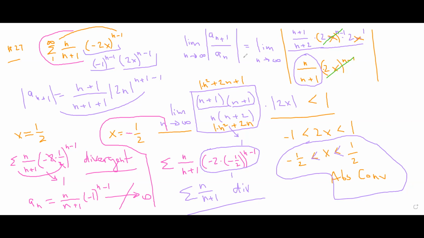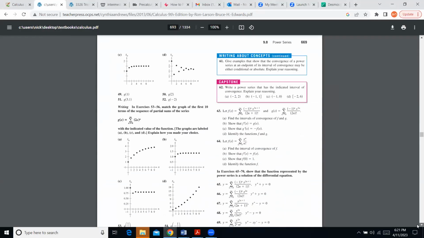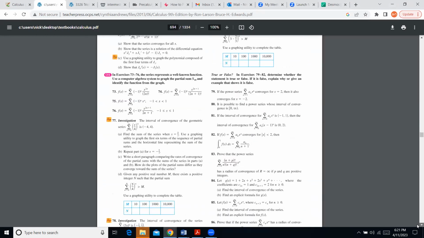There's nothing really tricky and special about it, it's a standard problem. So anyways, try to do some more exercises in this section, the last section that I needed from chapter 9. So we can move on.